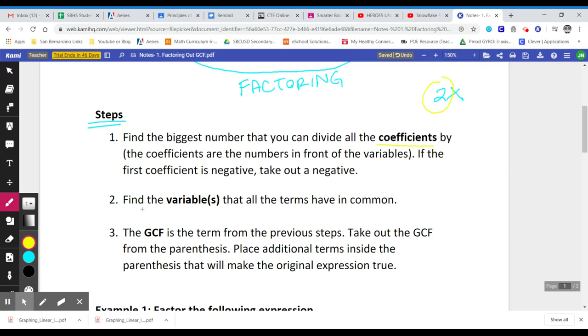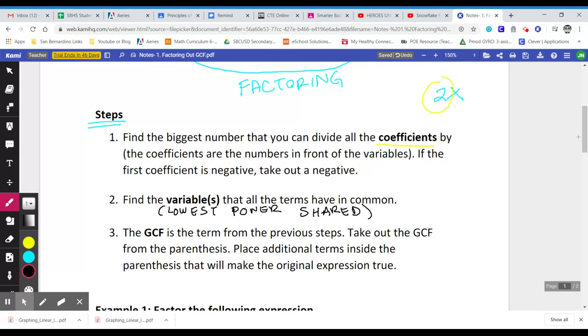A lot of the times, for the variables, this is usually the lowest power that is shared between every single one of the terms.